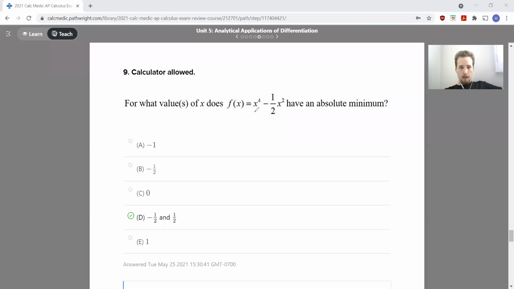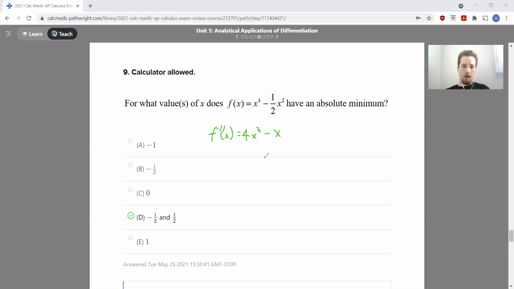So we want the minimum, right? Okay, well, we have our function. Let's take the derivative of this. So f prime of x equals 4x cubed minus x.